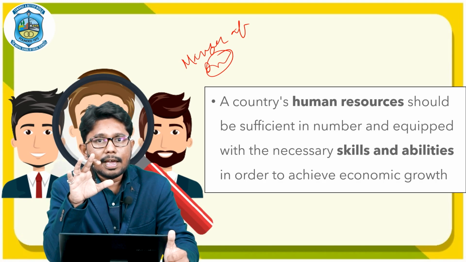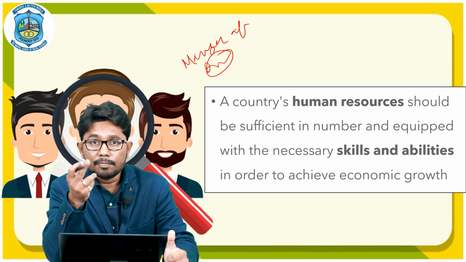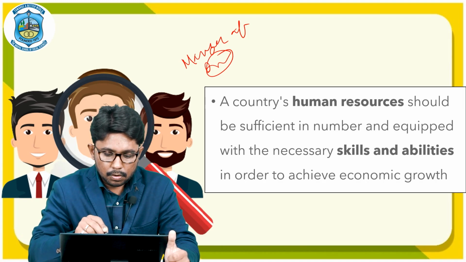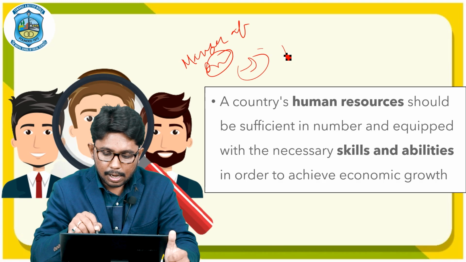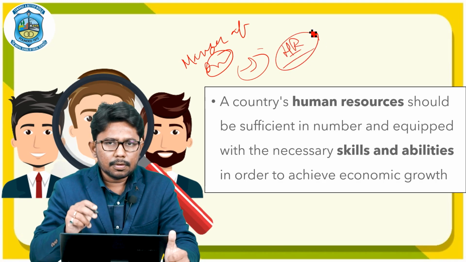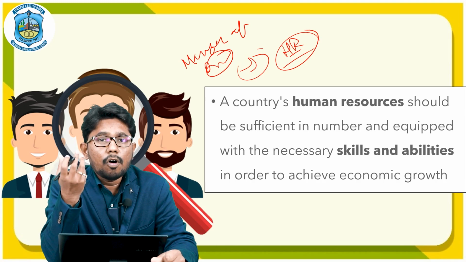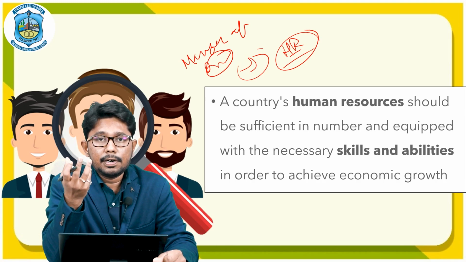Basically we have three major kinds of resources, and one of them is the human resource, which we are discussing. We are all part of the human resource, but the need of the society is not for the human resource. They want the capital resource.